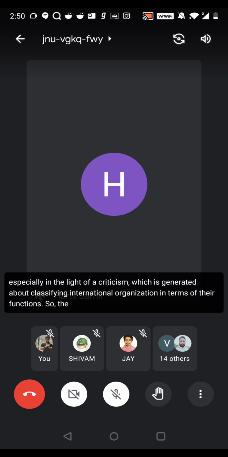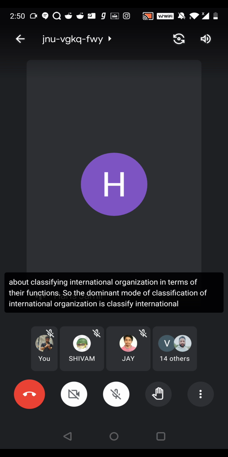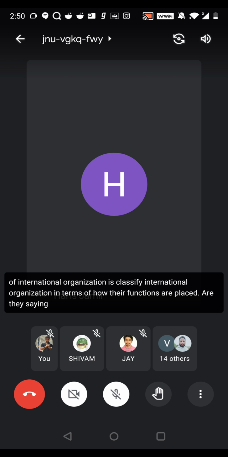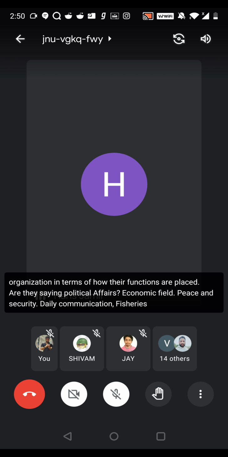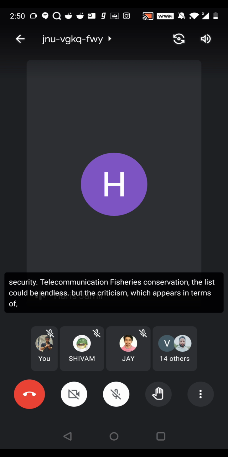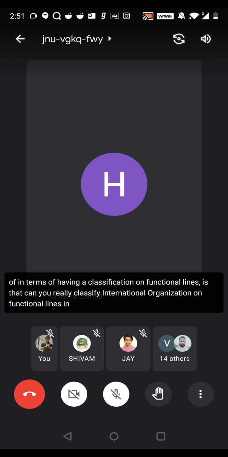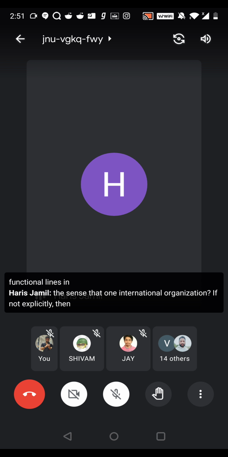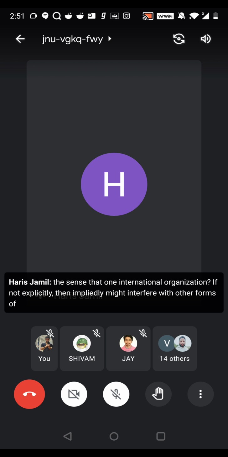So the dominant mode of classification is to classify international organizations in terms of how their functions are placed. Say, as I said, political affairs, the economic field, peace and security, telecommunication, fisheries conservation; the list could be endless. But the criticism in terms of having a classification on functional lines is this: can you really classify international organizations on functional lines, in the sense that one international organization, if not explicitly then impliedly, might interfere with other forms of classification as well?